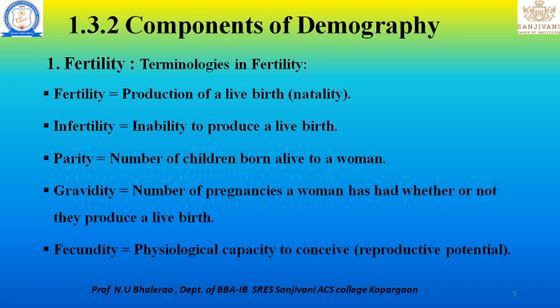So it is all about a calculation factor and calculation process of components of demography. Then gravidity includes the number of pregnancies a woman has had, whether or not they produce a live birth. So in our childhood, we know about the Anganwadi, a central scheme offered by the government of India.